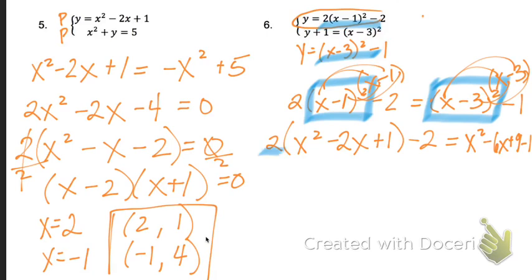Okay, what do I do with this 2 now? Wait, hold on. See, that's where I got the 1 from. When we do this and it equals 0, it's the 1, because all I did was FOIL it out and I left the 2 in front. I don't use that 2 until the end.